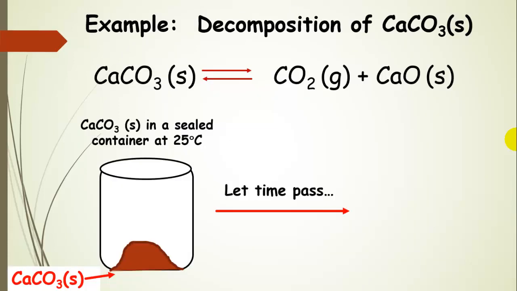So let's look at a real heterogeneous system. We're looking at the decomposition of calcium carbonate solid. It decomposes into carbon dioxide and calcium oxide solid. Let's say that we put some calcium carbonate in a sealed container at 25 degrees C, so we just have a pile of it at the bottom of the container, and we're going to let time pass.